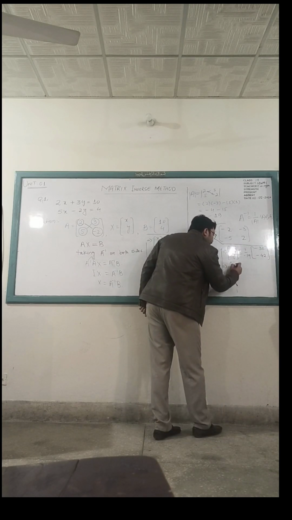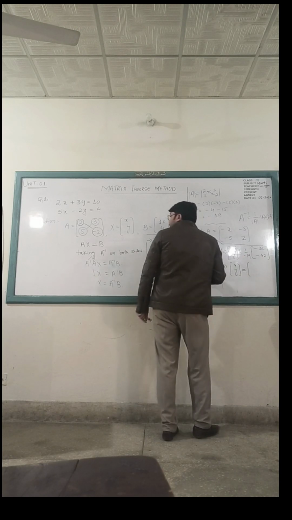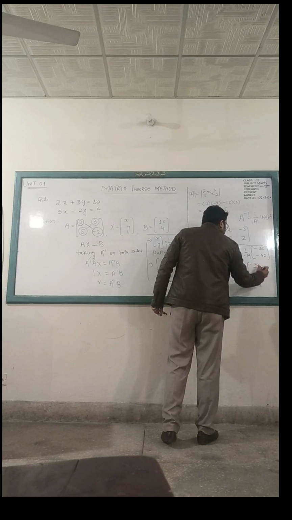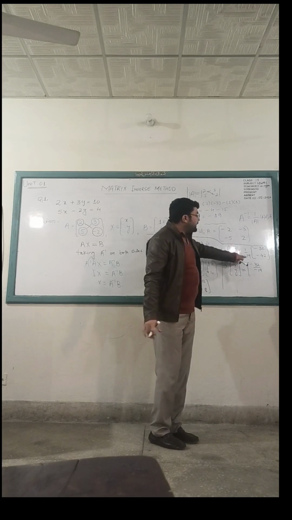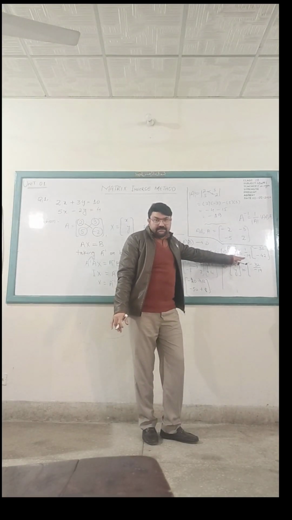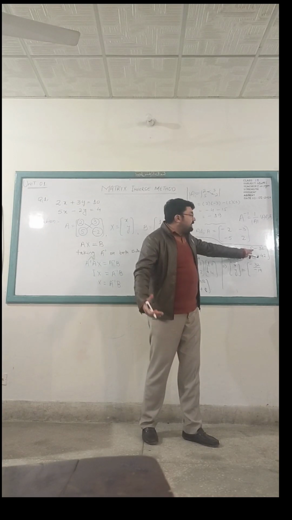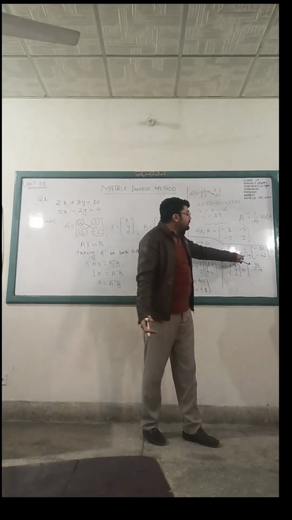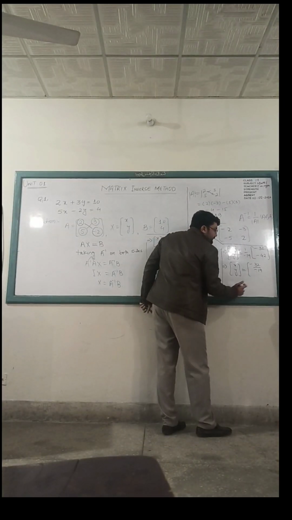So x and y will be minus 32 divided by minus 19. This is a scalar multiplication: 1 divided by minus 19 multiplied by minus 32. And we know that minus 32 has a denominator 1, so 1 multiplied by minus 32 and minus 19 multiplied by 1 here. It will become minus 32 divided by 19.